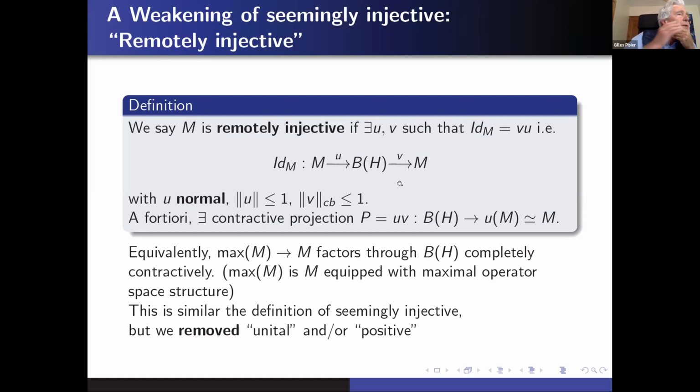So V is completely bounded and of norm 1. Probably it's also UCP. I just have a blank right now. But this implies that we have a contractive projection as usual, P, which is the composition UV from B of H to UM. This UM is isometric to M, and it's weak star closed. It's a weak star closed copy of M in B of H.